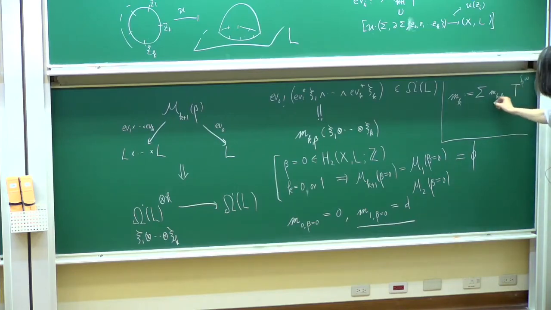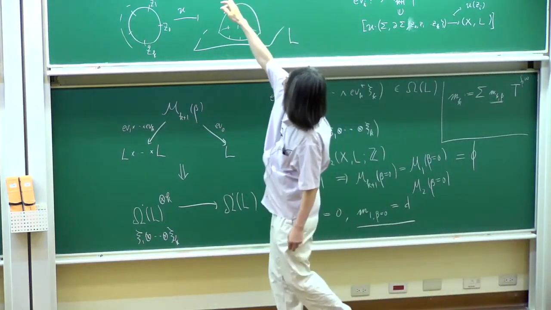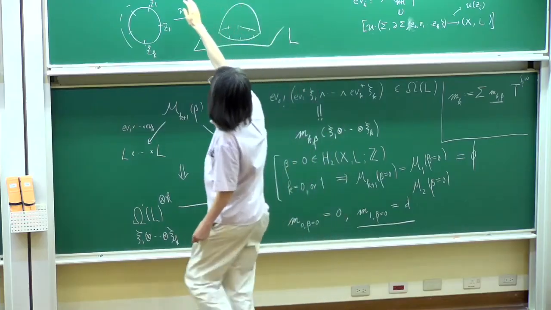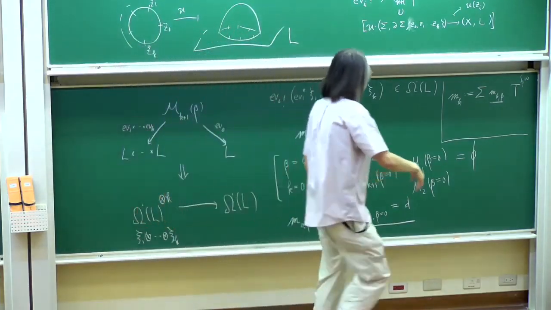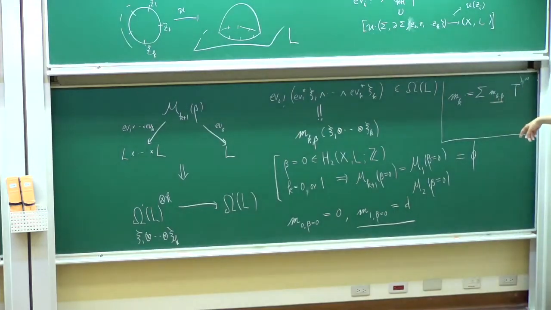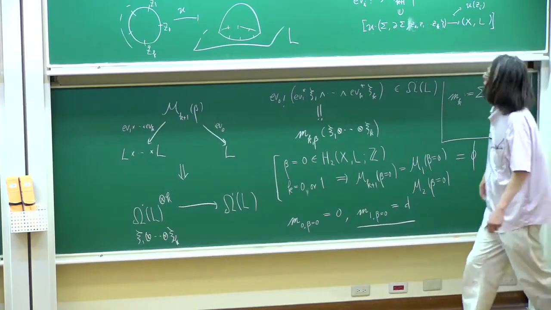So if you have infinitely many classes beta for which this is non-empty, then this could be an infinite sum, and convergence becomes an issue. But if you put this extra thing, then by Gromov compactness, if this area is bounded, then only finitely many classes beta appear, right?